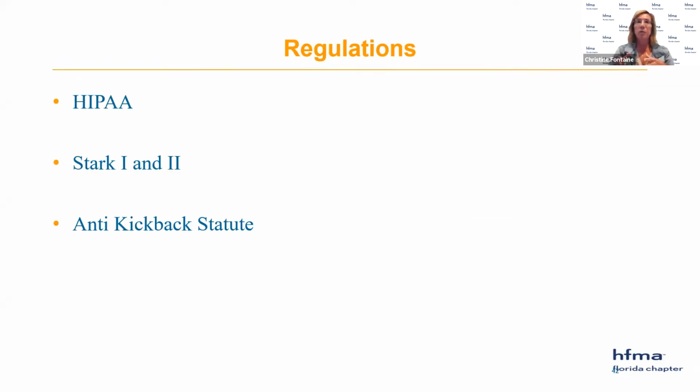HIPAA, or the Health Insurance Portability and Accountability Act, protects patients' health and demographic information, protected health information, or PHI. Most of us are very familiar with HIPAA. It applies to covered entities: health plans, clearinghouses, and healthcare providers. It requires signed authorization by the patient for any use or disclosure not explicitly required or permitted. And it limits disclosures to minimum necessary information.